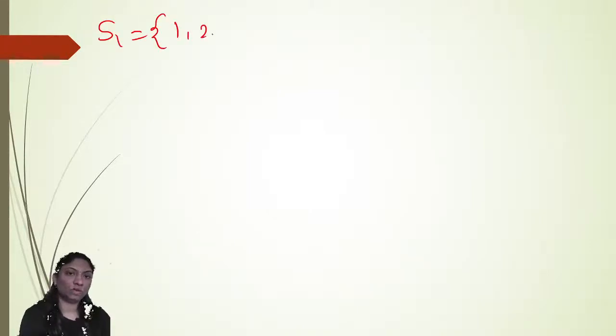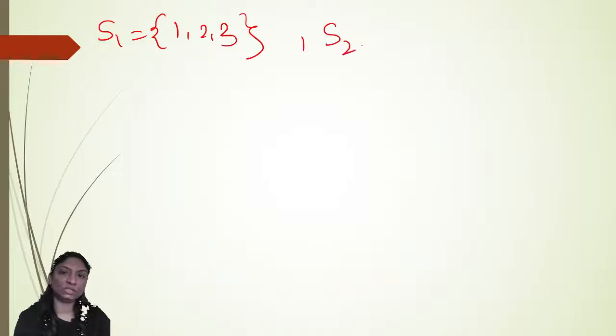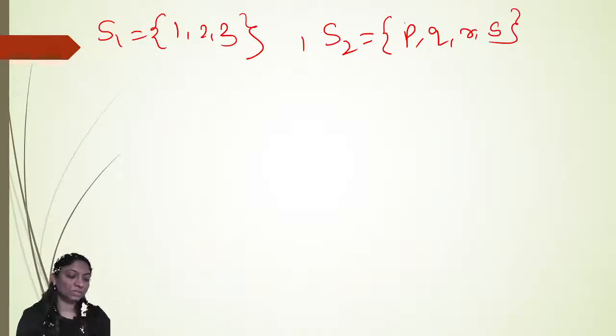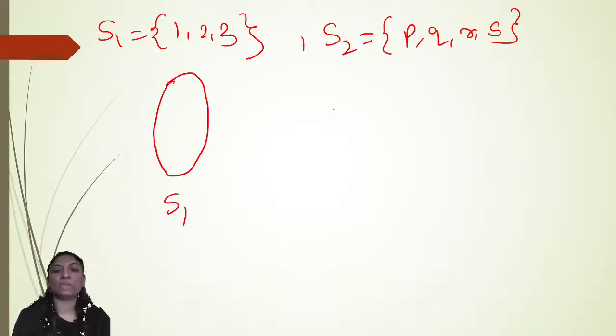Now next, suppose S1 is equal to {1, 2, 3} and S2 is equal to {P, Q, R, S}, right? Suppose this is your S1 and this is your S2.